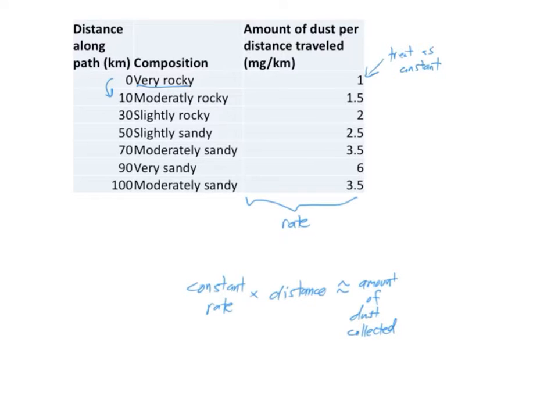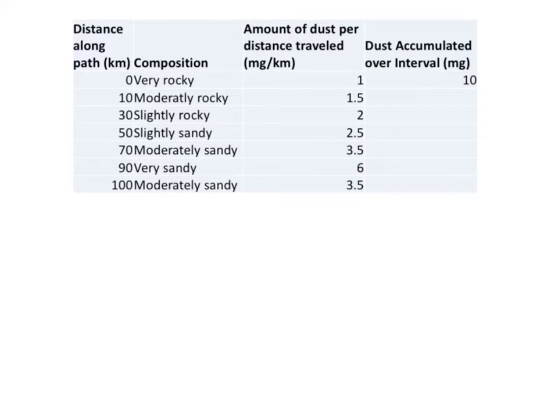This constant rate tells us that if we accumulate dust at a constant rate of 1 milligram per kilometer for a total of 10 kilometers, then we can multiply this rate of 1 milligram per kilometer by 10 kilometers and get an estimate to the amount of dust accumulated of 10 milligrams. So now we can repeat this process for each of these intervals of distance.